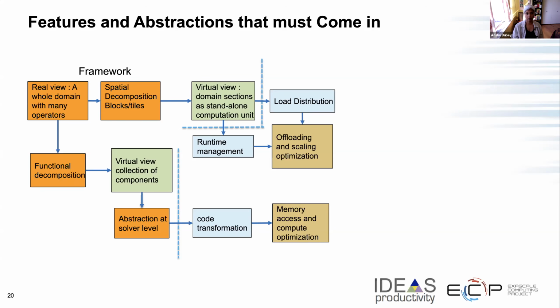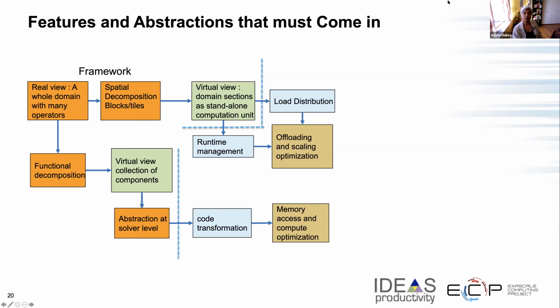Similarly, as we get more and more resources that need to be managed in a more asynchronous fashion, because now we are dealing with nodes that have a whole bunch of devices, you actually have to think about how the computation is going to be distributed among these various devices. So what kind of data movement needs to happen? What kind of offloading and scaling optimization needs to happen?